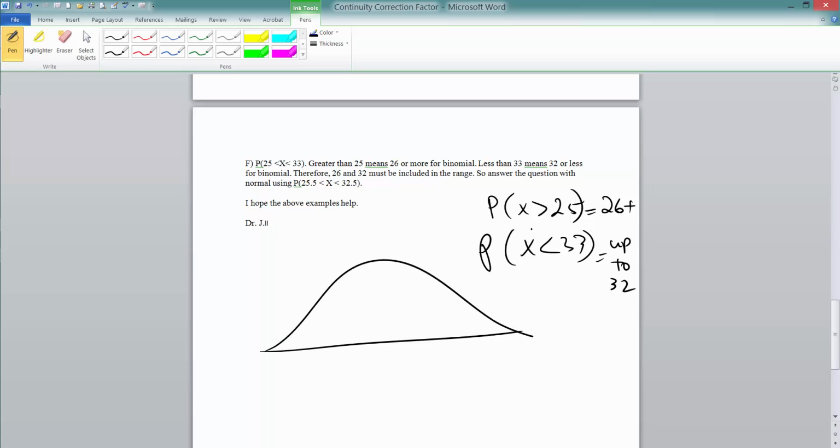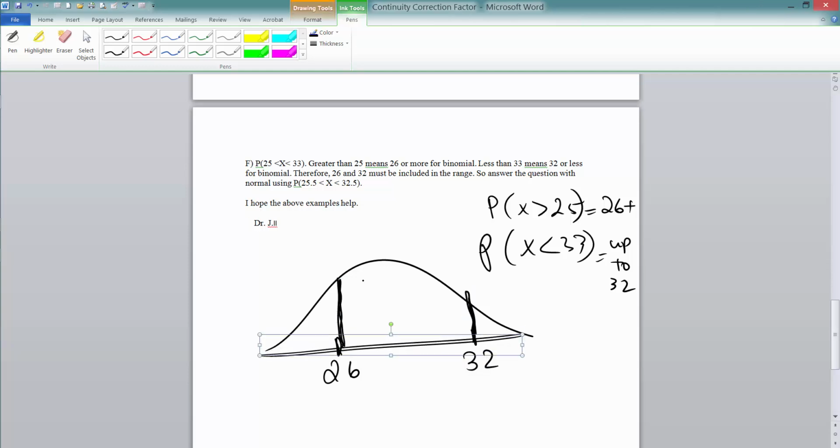So I want greater than 25, which means 26 and more, so really 26 up to 32. In reality, from a binomial perspective, that's what we want. But I want 26 and 32 included in that range.